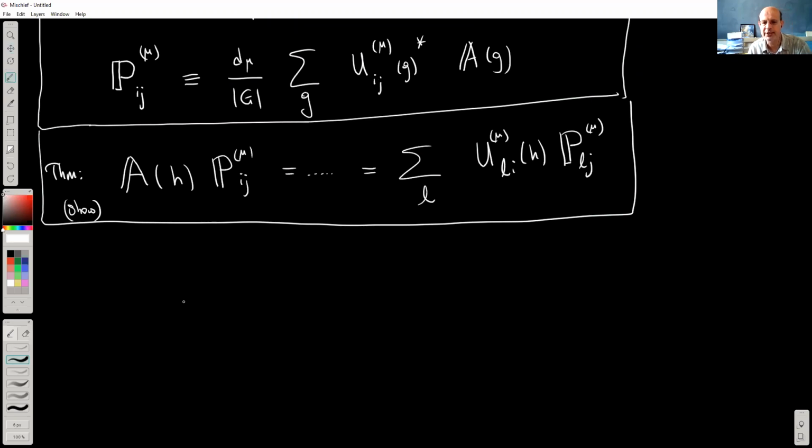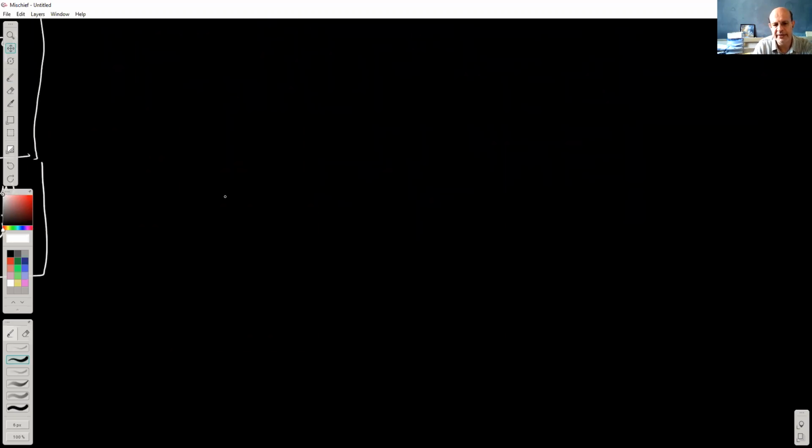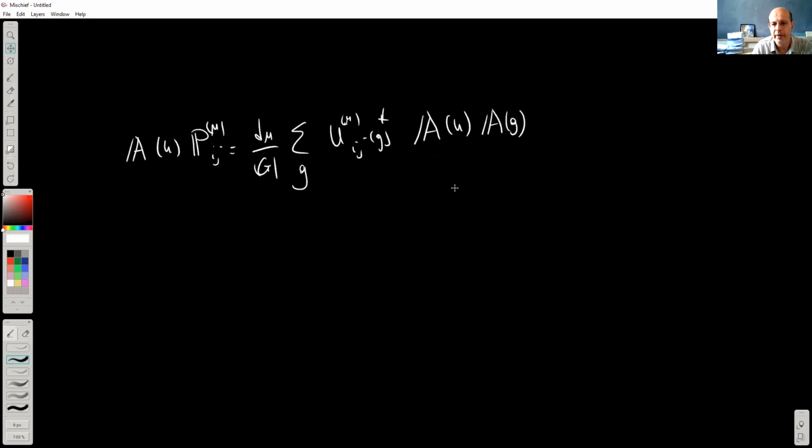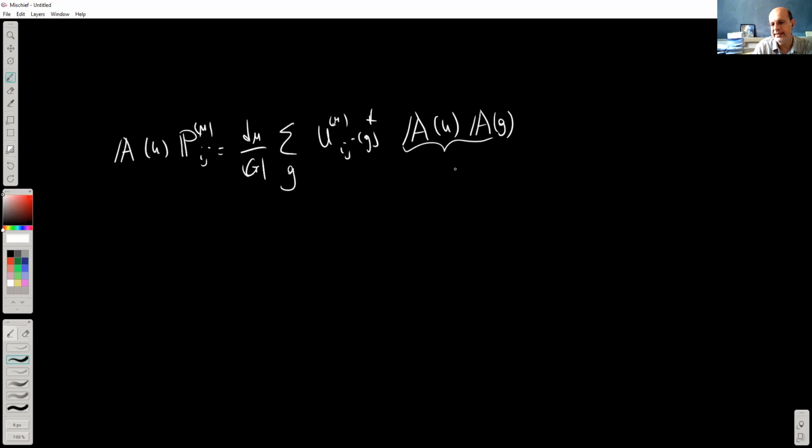So let me actually do this quickly, right? So that's A of H applied on P^mu_ij. That's d_mu over the order of G, sum over the group elements of the complex conjugate of u^mu_ij of G, whatever. I have A of H multiplied with A of G here. I then use the fact that this is a representation, so I replace this with A of HG.